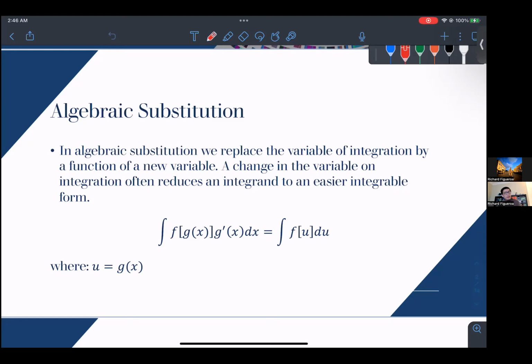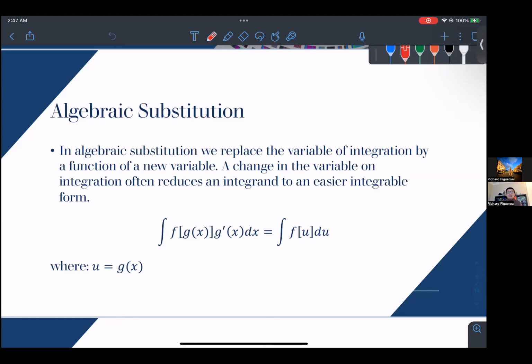So once we know what function is to be substituted in terms of u, it resembles a certain integrand which is easier to integrate. Again, there's no specific rule on which one to set as u.